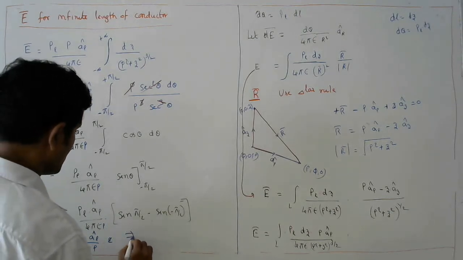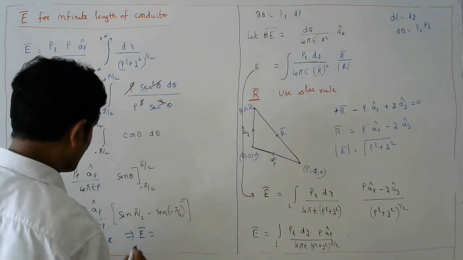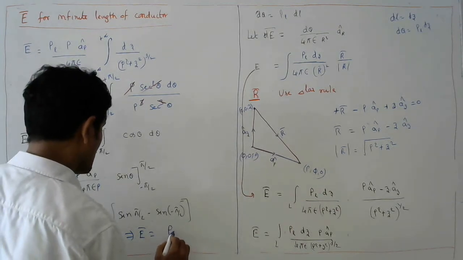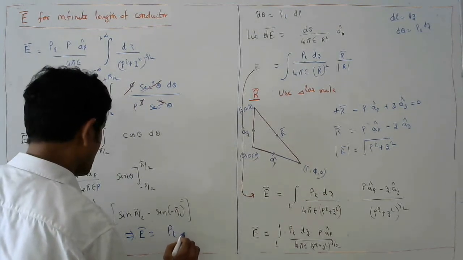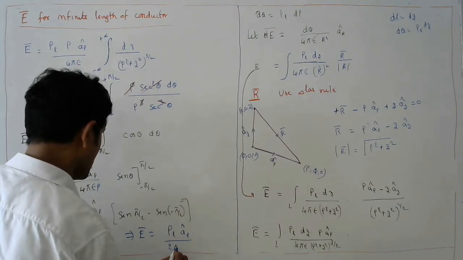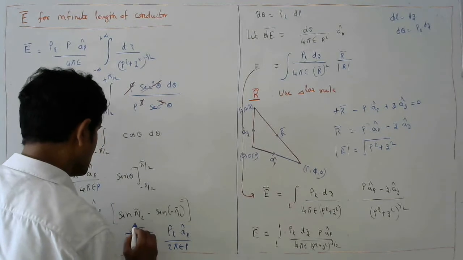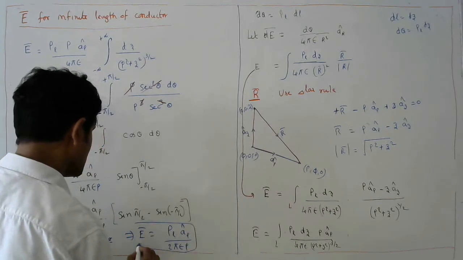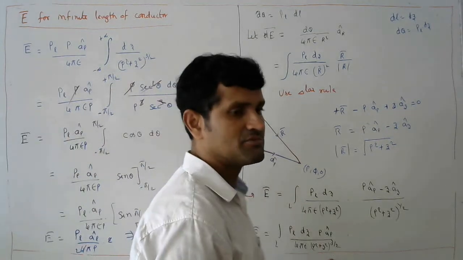Finally, the electric field intensity for an infinite length conductor is rho L a rho cap divided by 2 pi epsilon into rho. This is the expression for the electric field intensity of an infinite length conductor.